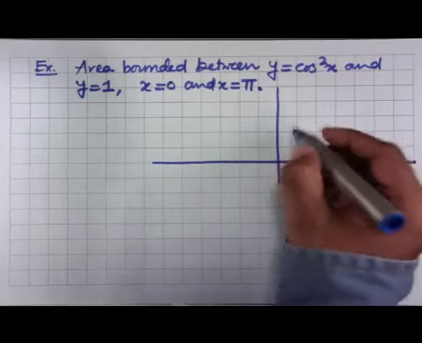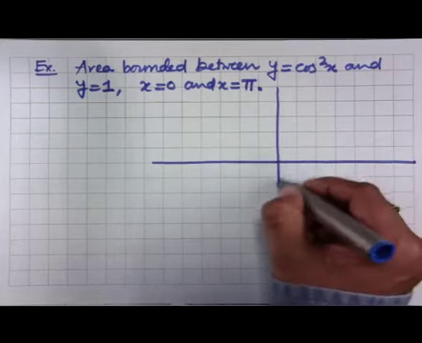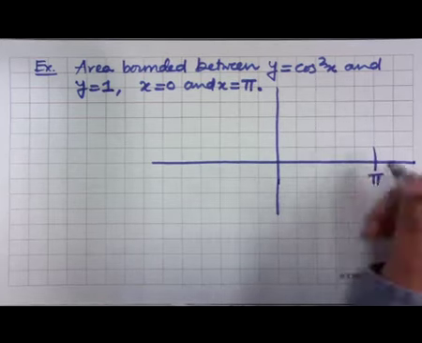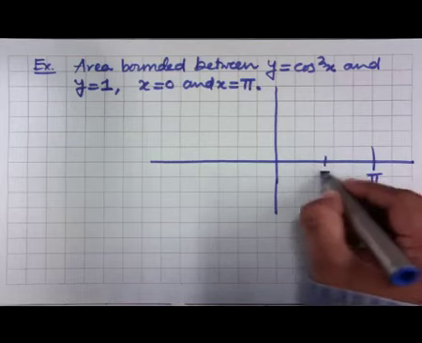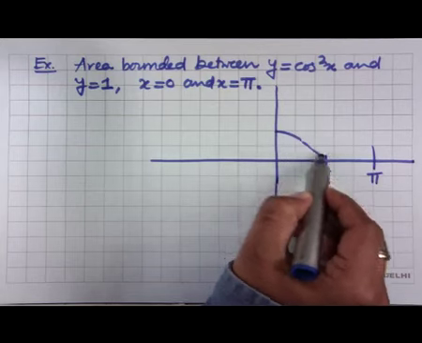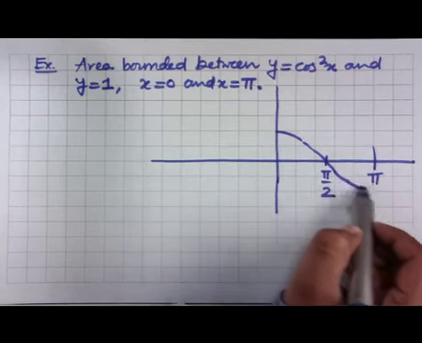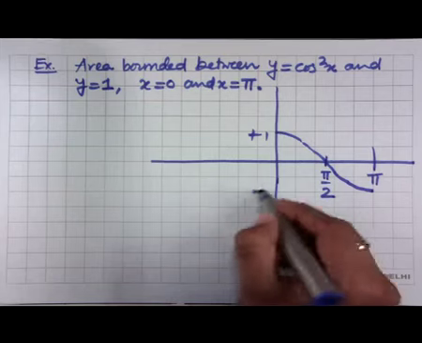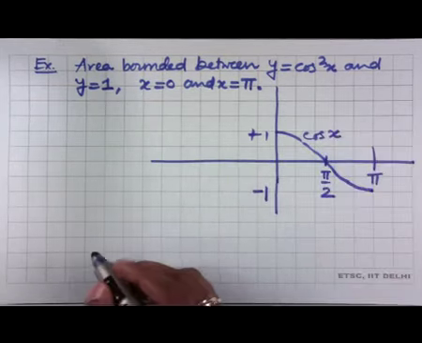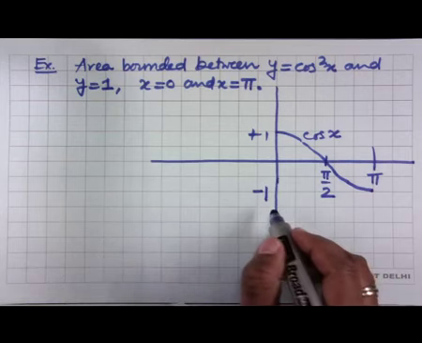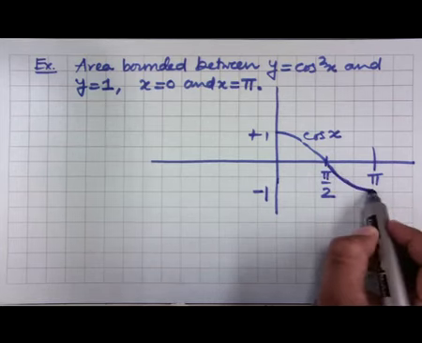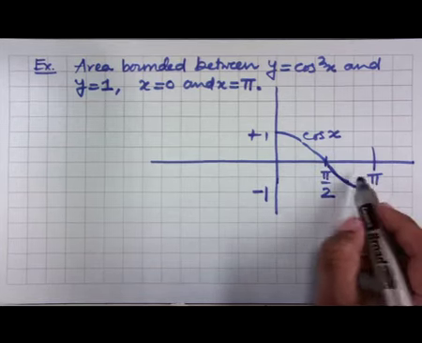You know how the graph of cos x looks between 0 and pi. At 0 it is 1, then at pi by 2 it is 0, and then at pi it is minus 1. This is the graph of cos x. Now, if you square it, how will the graph look? This portion will go up because you are squaring it.